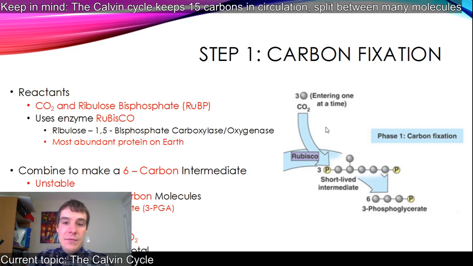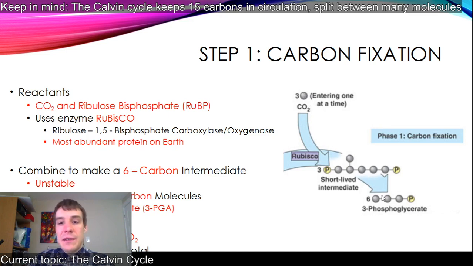It joins ribulose bisphosphate, RuBP. That's a 5-carbon sugar. So one of them joins to this 5-carbon sugar. It makes a 6-carbon thing.